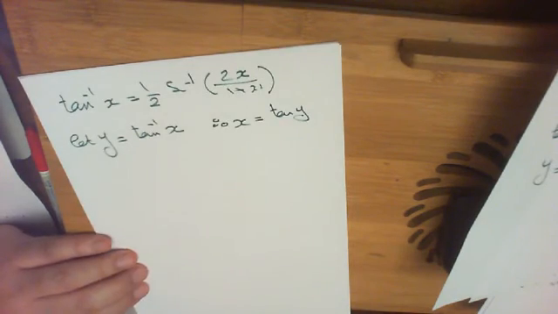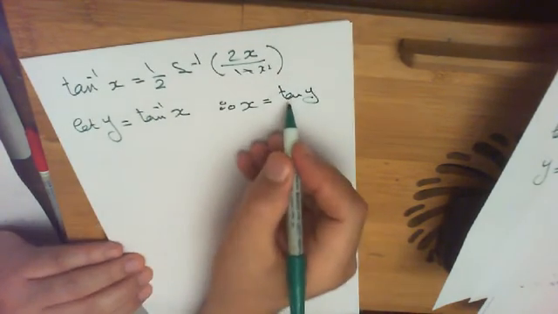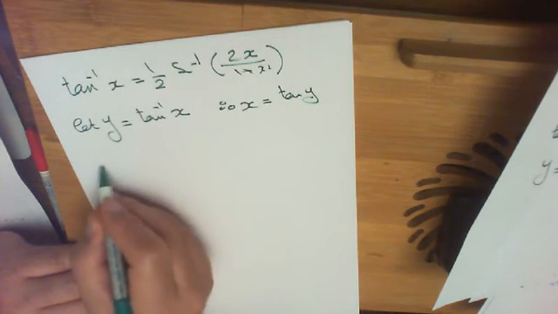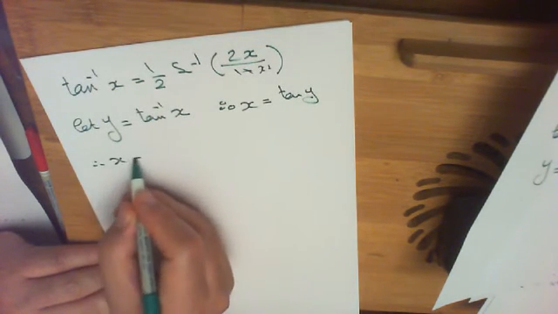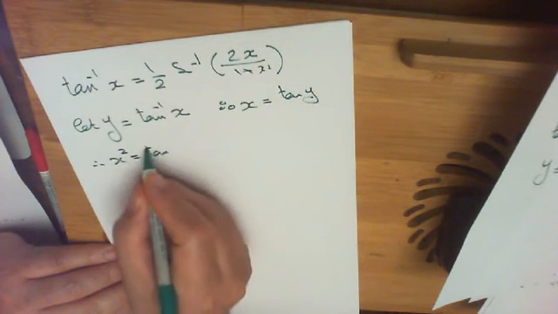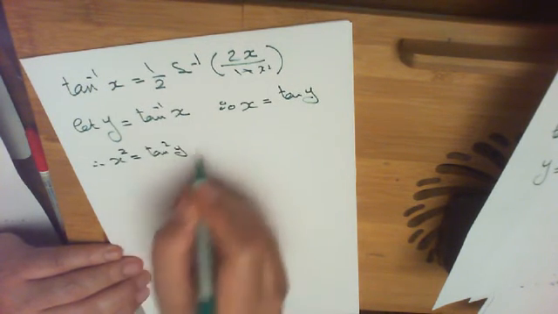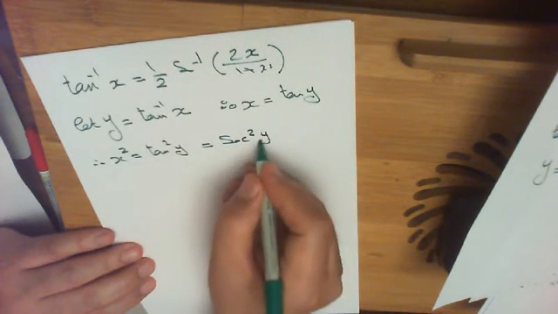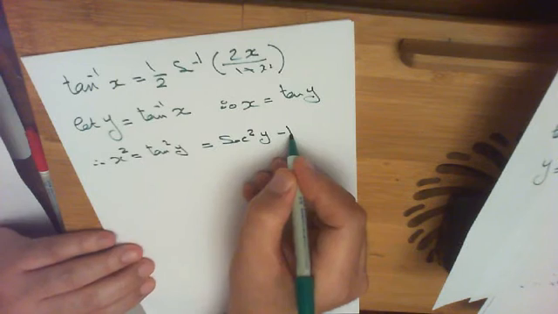Therefore x squared equals tan squared y. But tan squared equals sec squared minus 1.